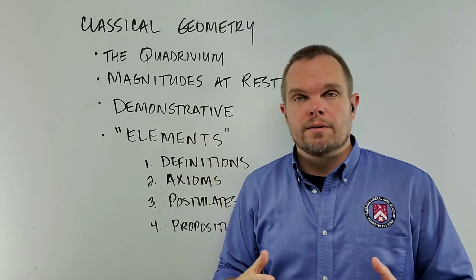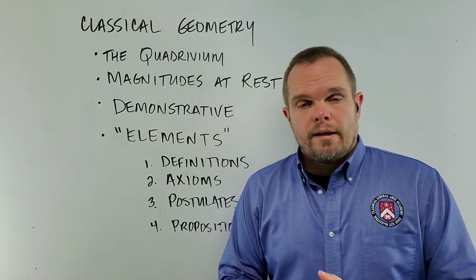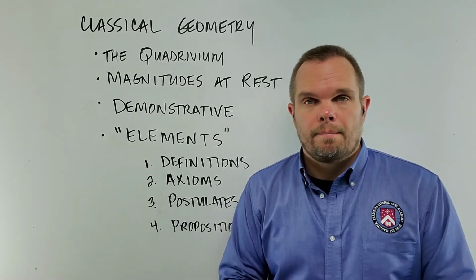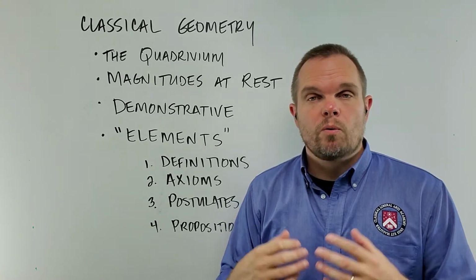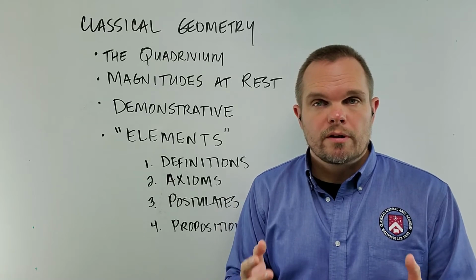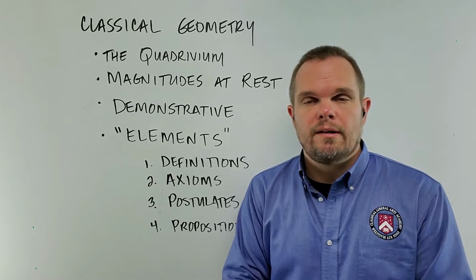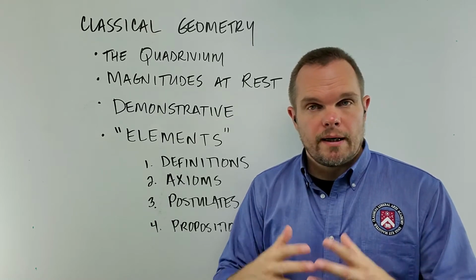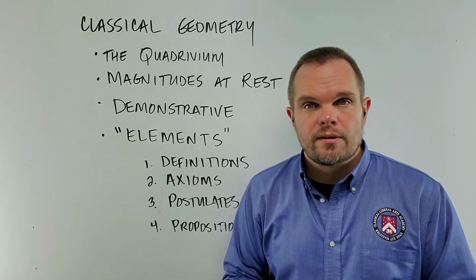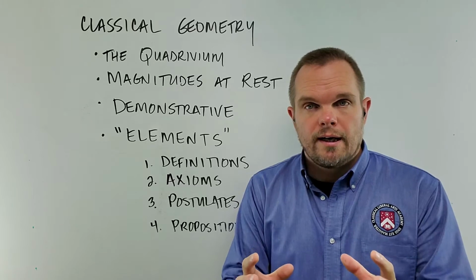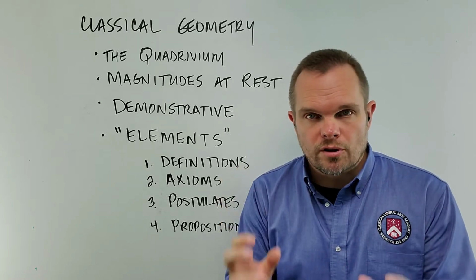And what that means is that in order to say anything in geometry, we require proof. We require that every single point that's learned in geometry about magnitudes at rest be proven and be absolutely certain.